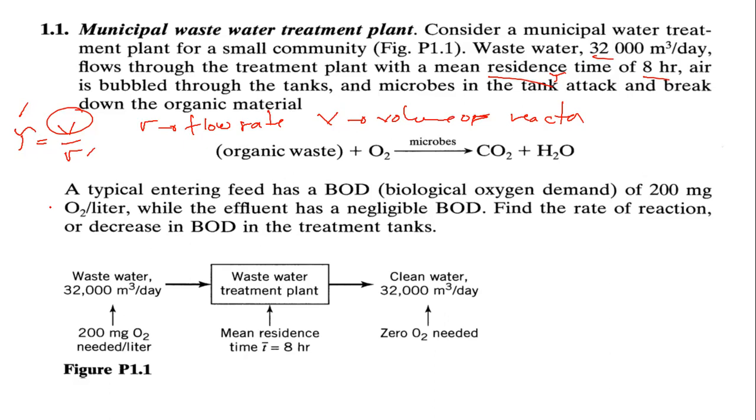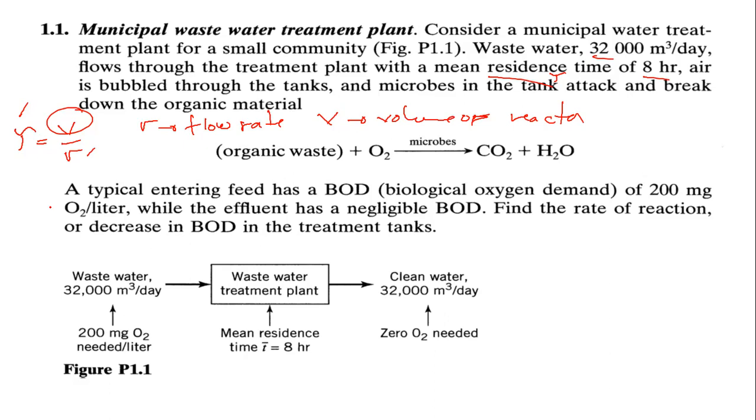Because of this oxygen, there are bacteria that eat the organic material in the wastewater. That's how you treat wastewater. So organic waste plus oxygen, with microbes eating the organic waste, is converted to carbon dioxide and water.